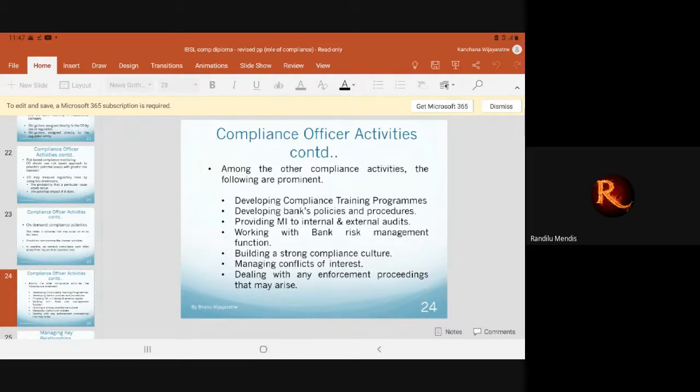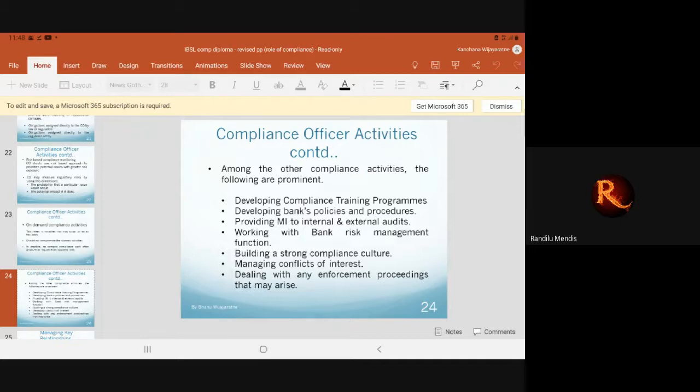It can be a treasury policy, the provisioning policy, the fixed asset policy, the depreciation policy, the ALCO policy, assets and liabilities, operational risk policy, credit policy. It can be any policy. There are maybe hundreds of policies within the bank.